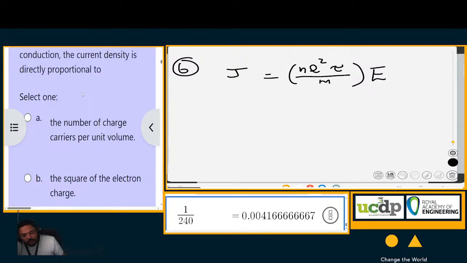Okay. This is the Drude model. N is the number of charge carriers.